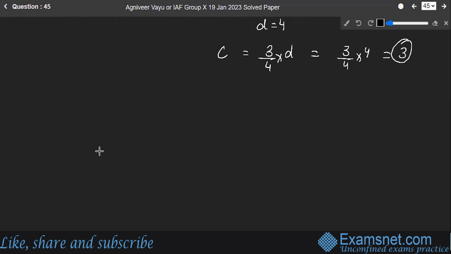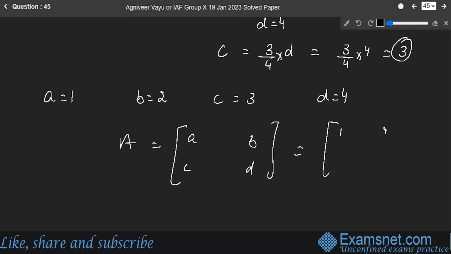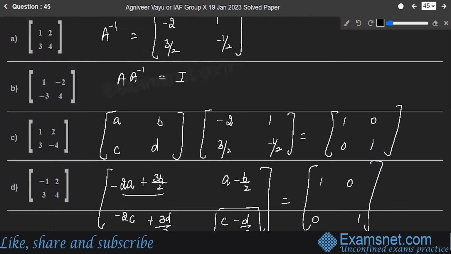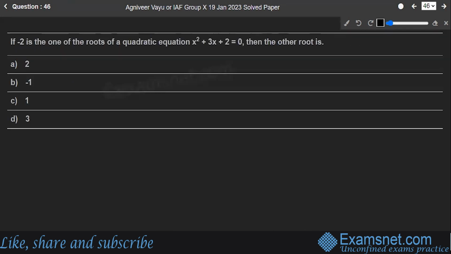Right, I got all the values. I have A as 1, B as 2, C as 3, and D as 4. So the matrix A, that was equal to A, B, C, D, is equal to 1, 2, 3, 4. This is the answer to the question. This is the first option. Hope you understood this. Let's move to the next question now.